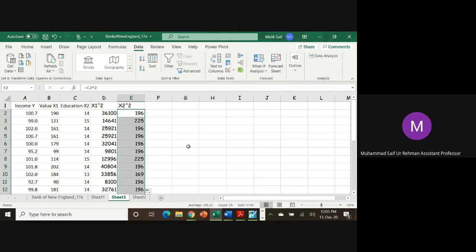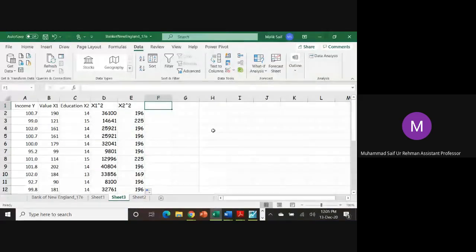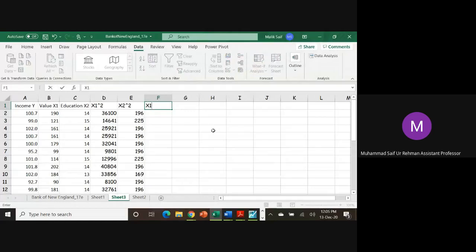And then you have to have the interaction term. For the interaction term, x1 multiplied by x2. So now equal to this value multiplied by this value. This will be your answer.